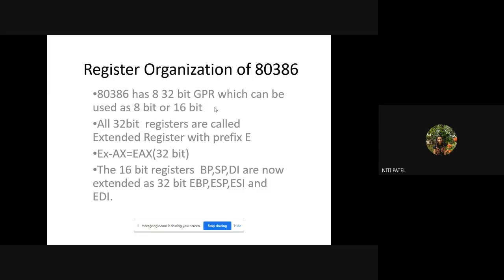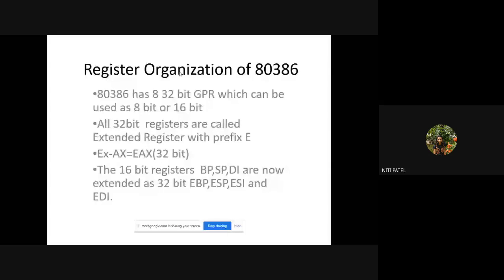What was the size of a general purpose register in 8086? It was 16 bits, used as two 8 bits together. Whereas in 80386, since everything is 32-bit, that is address and data bus both, the size of all the 8 general purpose registers is 32 bits.